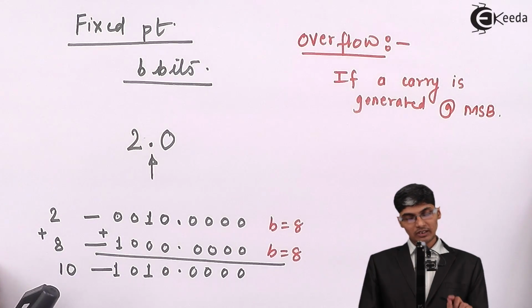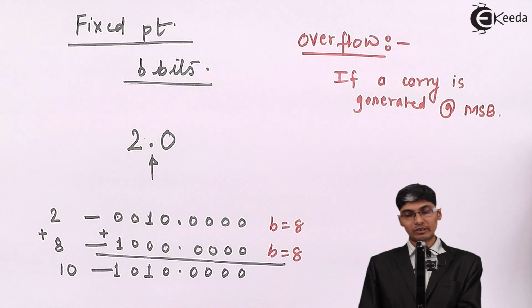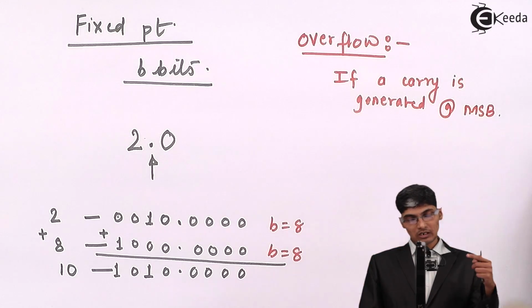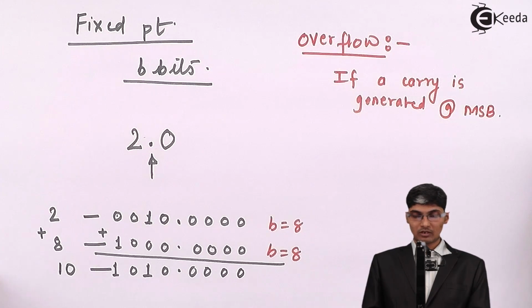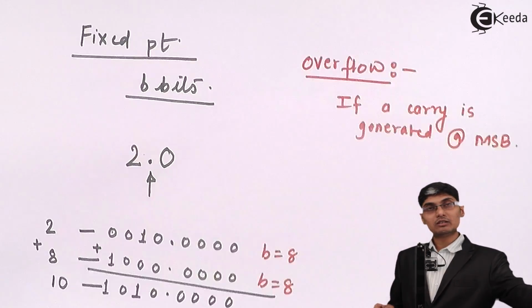Now we have seen that in addition there could be a problem of an extra bit, and that extra bit is called an overflow. When I deal with fixed point and want to perform a multiplication, the major problem is that I cannot have a total fractional number.